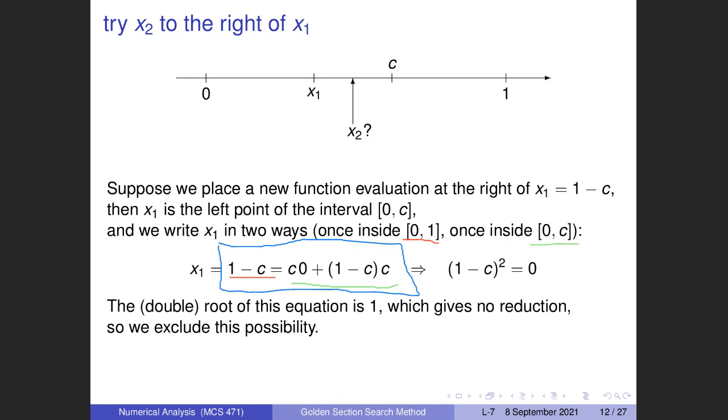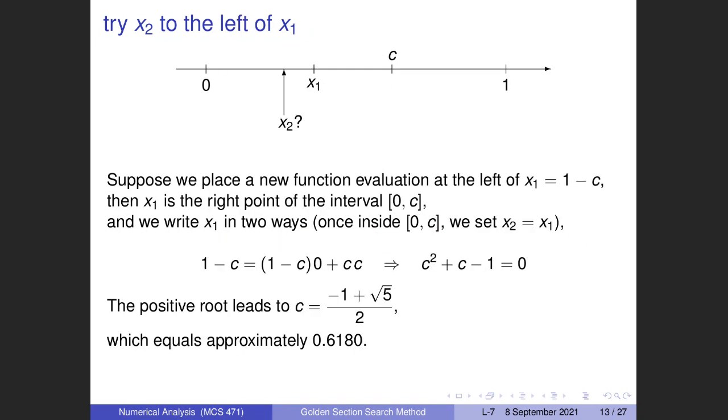Looks rather complicated in words, but we do have the algorithm now, mathematically defined. So now we take x2 to the left of x1, and we also rewrite x1 in two ways.